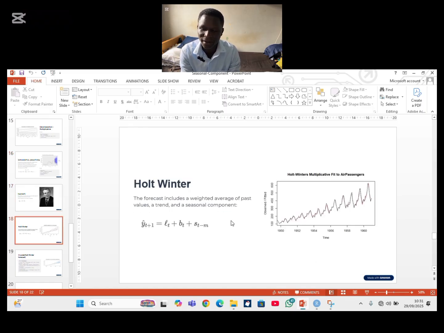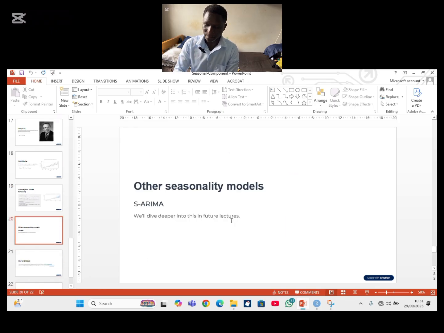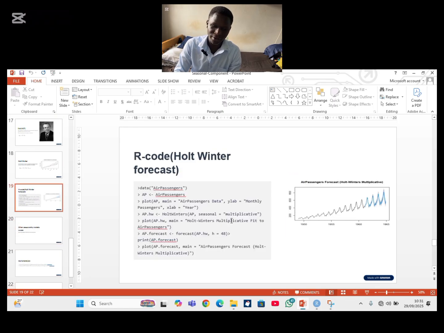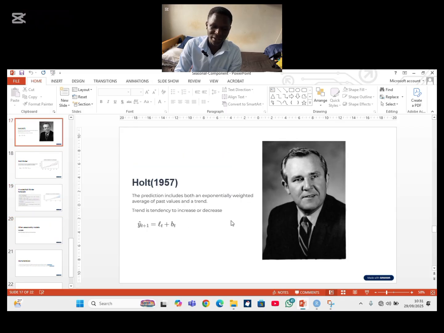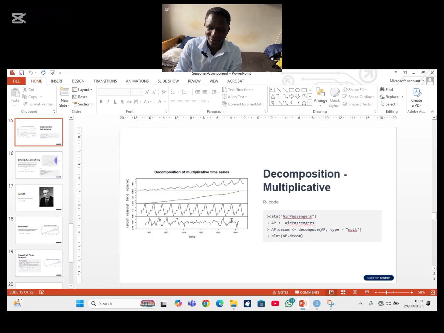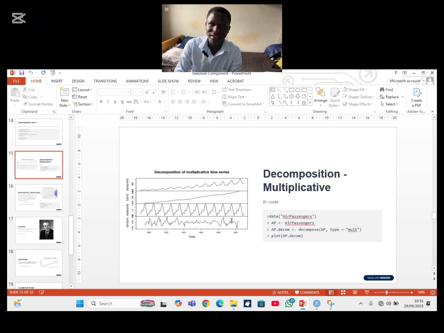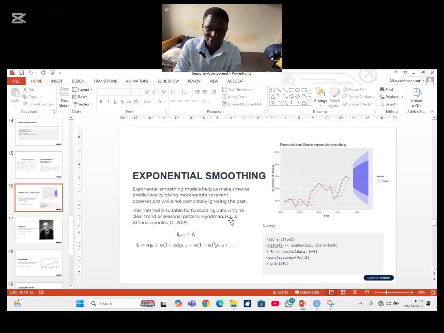To use Holt-Winters, which we are going to focus on, you don't need any prior knowledge, but for SARMA, of course, you need some prior knowledge of autoregressive and moving averages, which we are going to present here on Math in Motion very soon.